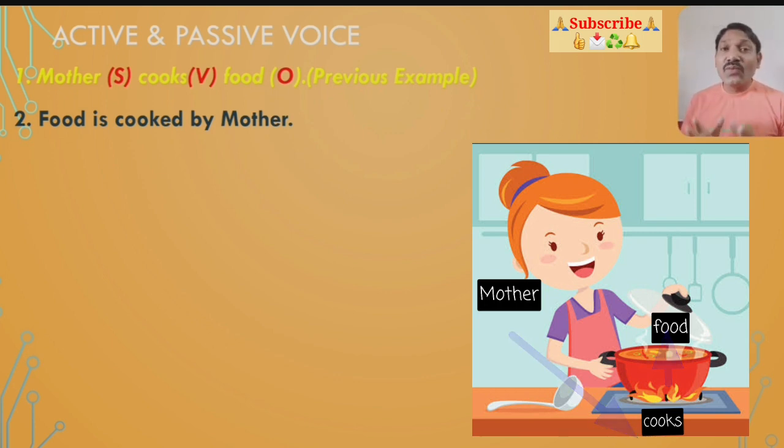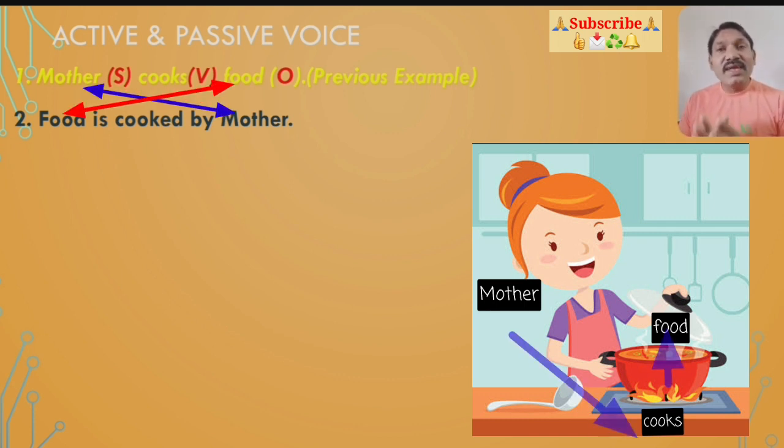Is cooked is a verb which tells the action being done. And the object here is mother. Okay, students? So if we compare the previous sentence and the present sentence, in the previous sentence, mother is the subject, cooks is the verb, food is the object. Now in this sentence, food is the subject, is cooked is the verb, and mother is the object of the verb cooked.